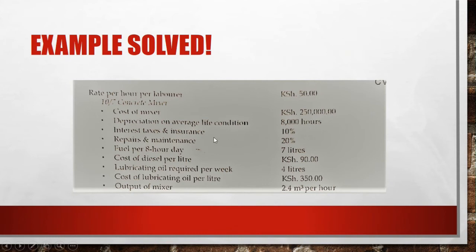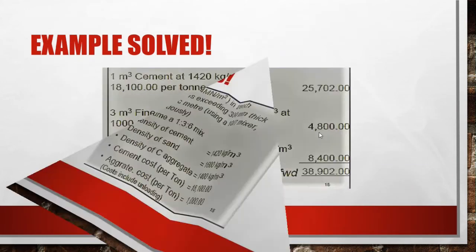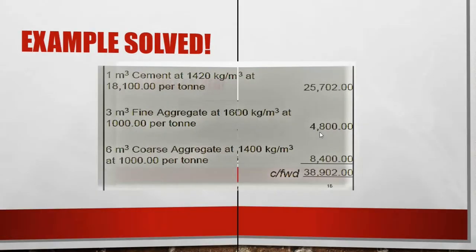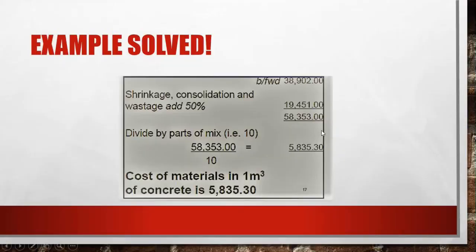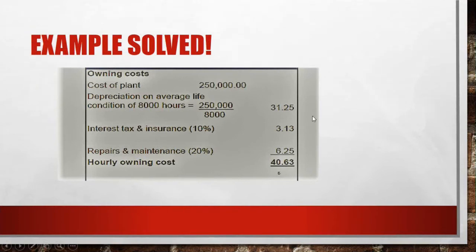That's per hour. So 10 over 100 multiplied by that 31.25, you're going to get 3.13. Then for repairs and maintenance, 20% per hour is equal to 20 divided by 100 multiplied by 31.25. So you will get a value here which is 6.25.